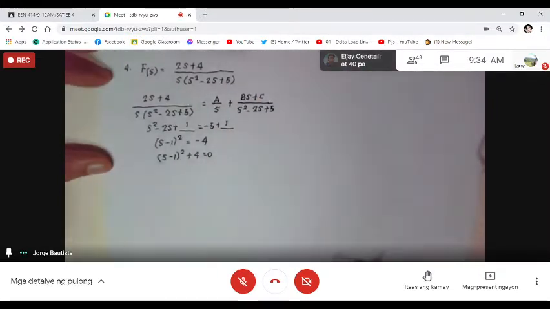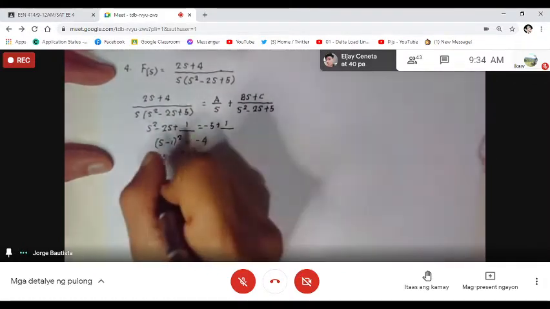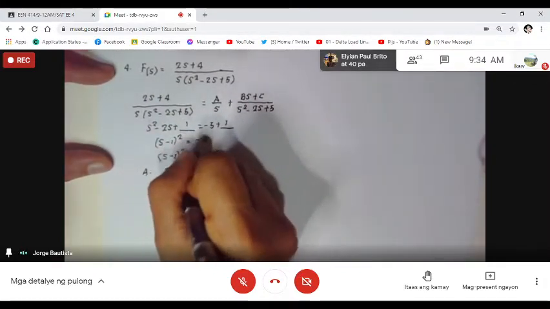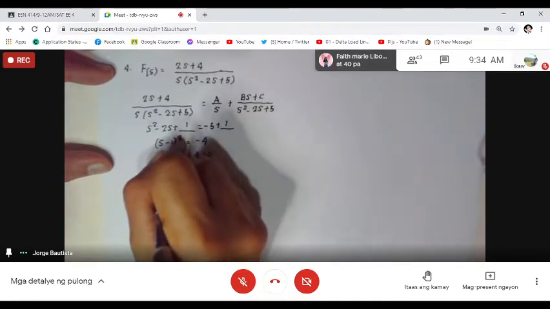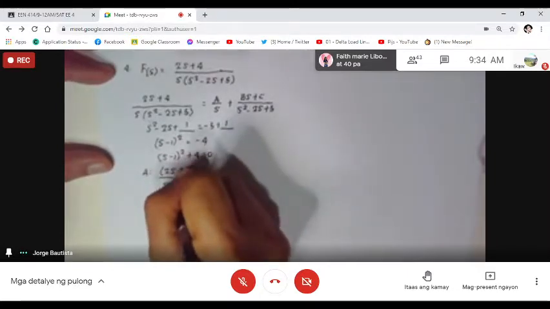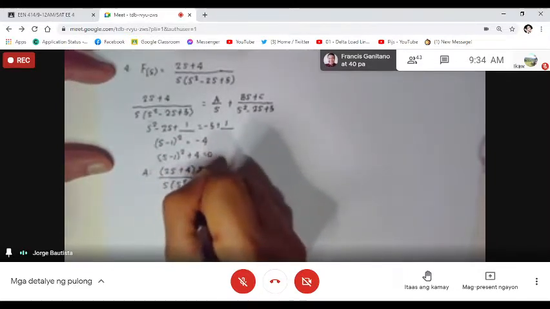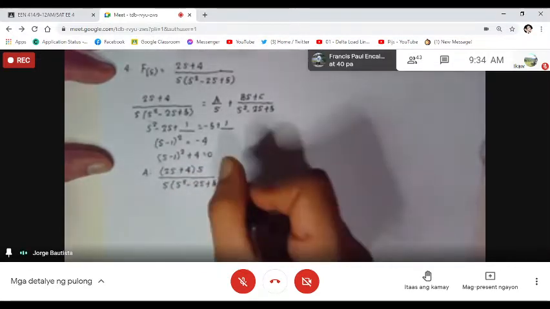Get the value of A: 2s plus 4 multiplied by s all over s squared minus 2s plus 5.